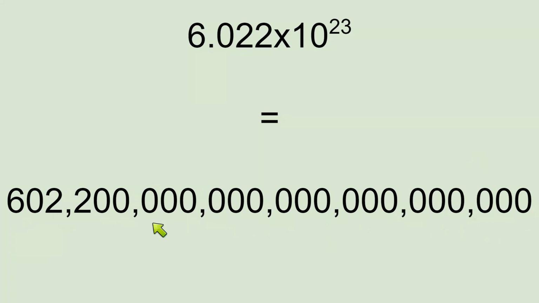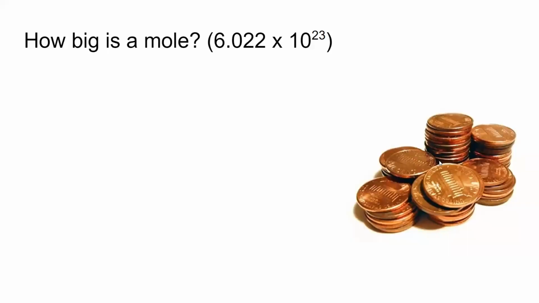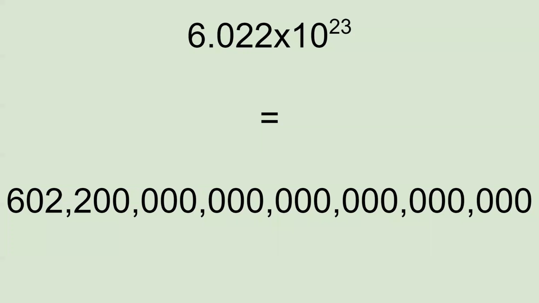Now, this is terrible, right? We don't like the big number, so we write it in scientific notation, right? 6.022 times 10 to the 23rd power. That is a mole. So if you have a mole of eggs, you have this many eggs. That's a whole lot. All right. I want to talk about how big this number really is, because this is such a massive number, we can't even really comprehend it.